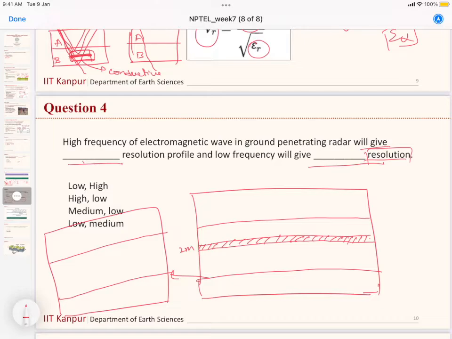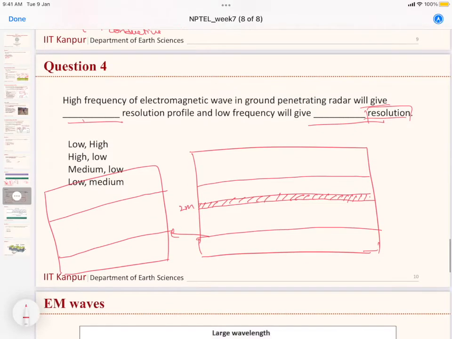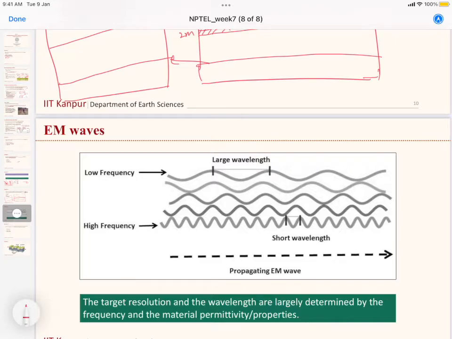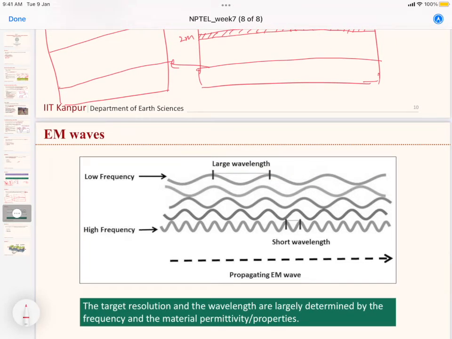High resolution works in the reverse way. So now let's understand this phenomenon of resolution in terms of frequency. This is a simple wave, how it travels.